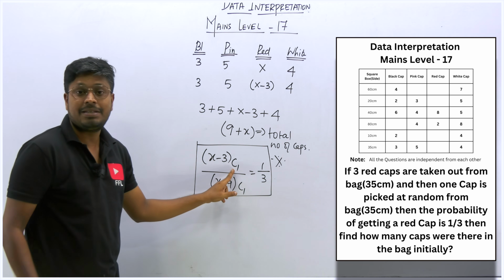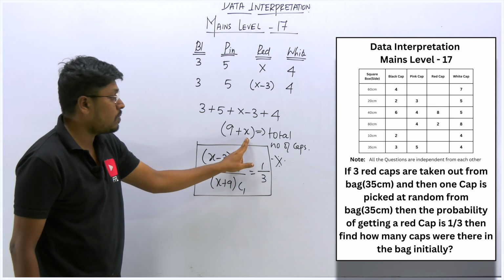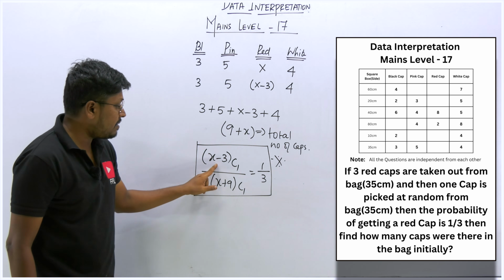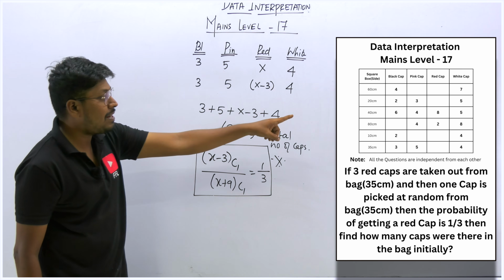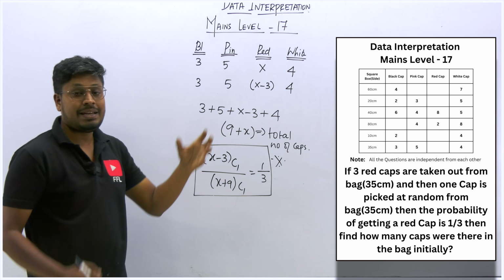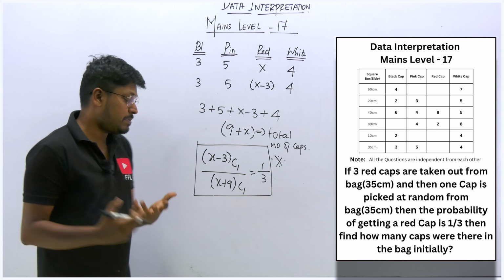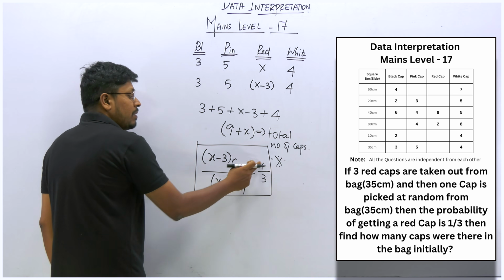And the total is how much? We have added all the values, total is X plus 9. So it is favorable observations divided by total observations. For this, the answer has been directly given: if 1 cap is picked at random from the bag, then the probability of getting a red cap is 1 by 3. So it equals 1 by 3.